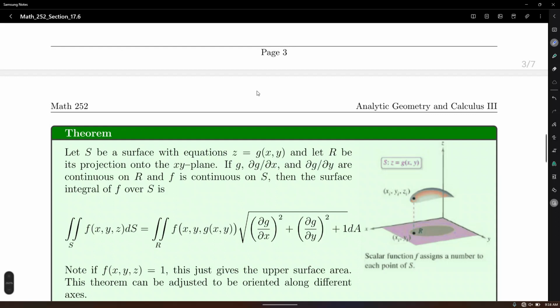So now this integral that contains this surface area element has something other than 1. But I wonder what would that represent, because again, the double integral with the element of surface area with the 1 in the integrand, that's just the upper surface area, right? That's all it is. However, if we have something other than a 1, what would that be? Because again, the double integral dA, that's area, right?